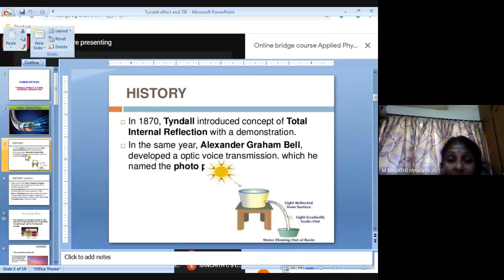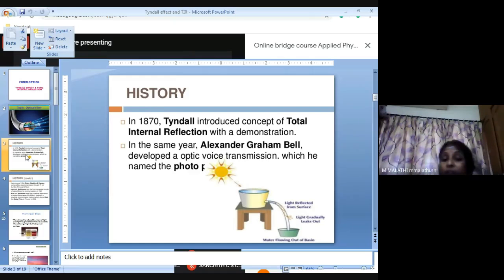How this optical fiber is constructed and how it originates: the basic thing is the Tyndall effect. In 1817, John Tyndall introduced the concept of total internal reflection with a demonstration. This Tyndall effect is responsible for the propagation of light through the very thin cylindrical optical fiber. So Tyndall, we are going to see today.